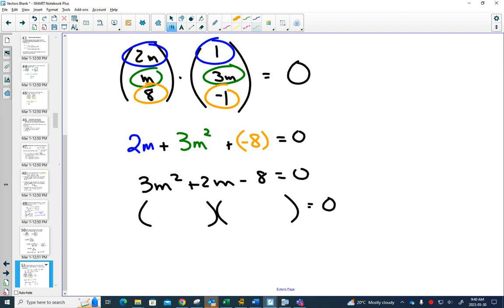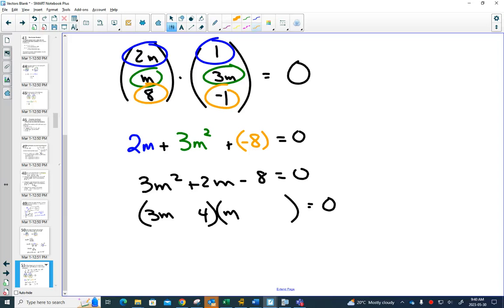Maybe we can factor. If we can't factor, we'd have to use the quadratic formula. If I could factor, this would be 3m and m. The last numbers have to give me -8.